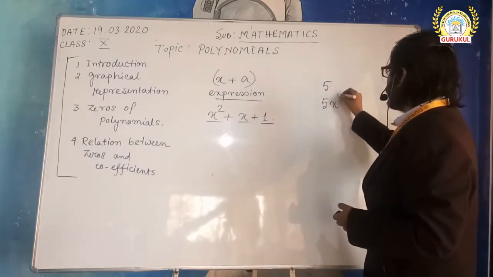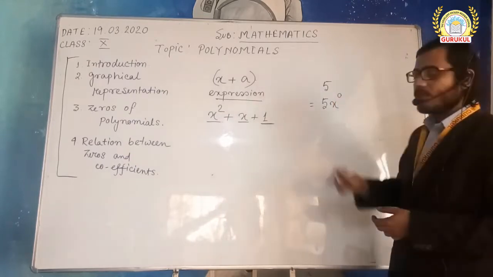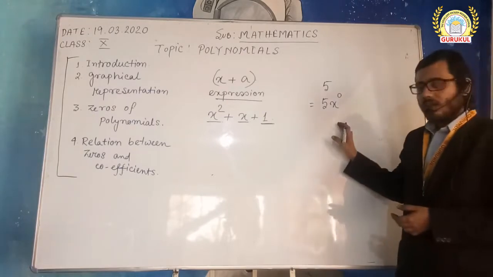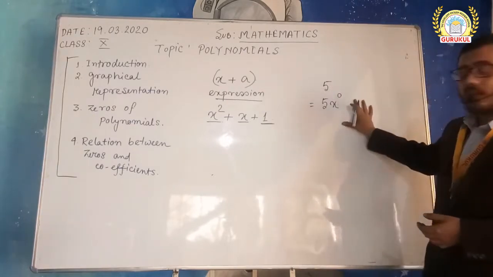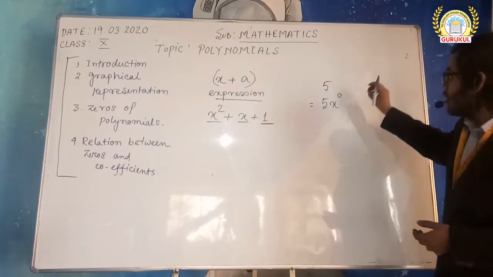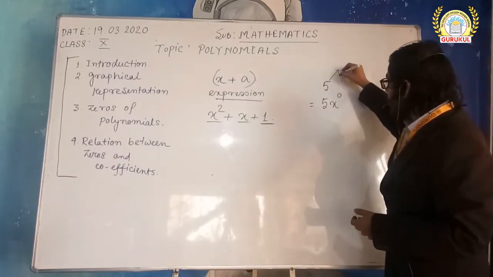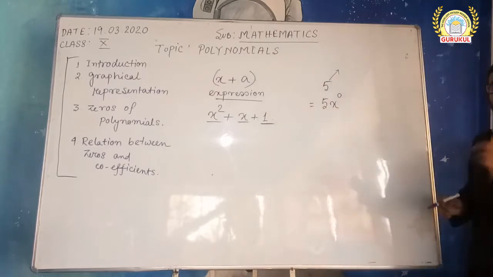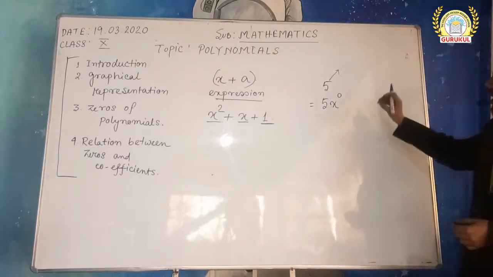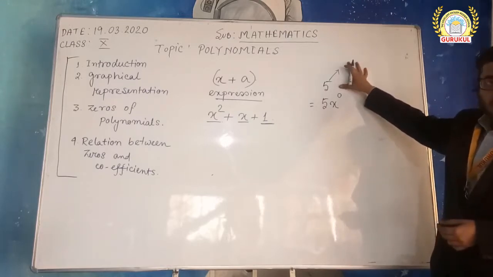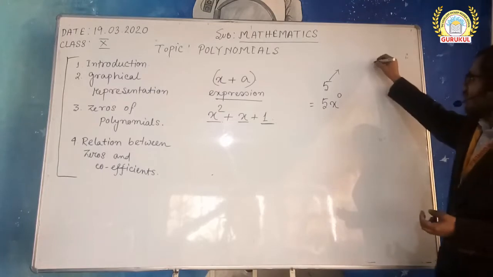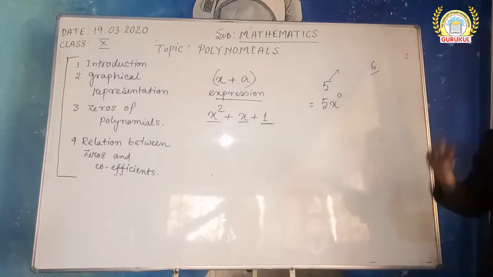We can represent 5 this way, 5 into x to the power 0, and we all know that x to the power 0 means 1. So this can also be said to be a polynomial. But this particular polynomial, where the power of x is equal to 0, is specially represented as a constant.